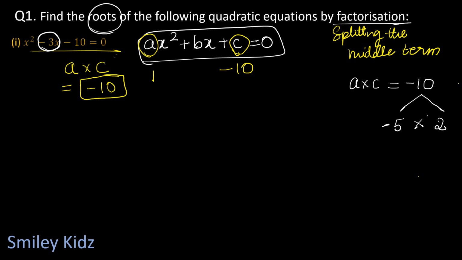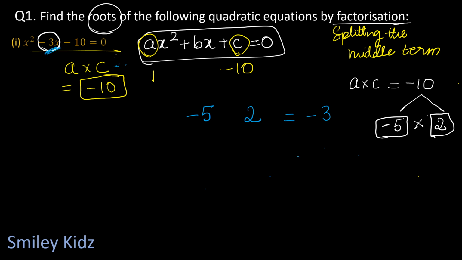Let's suppose consider it as minus 5 into 2, then we're going to acquire minus 10. Now, these are my factors minus 5 and 2. Now I'm going to simply write minus 5 and 2 like this. And I'm going to equate them to minus 3, which is my value of b over here in the question.